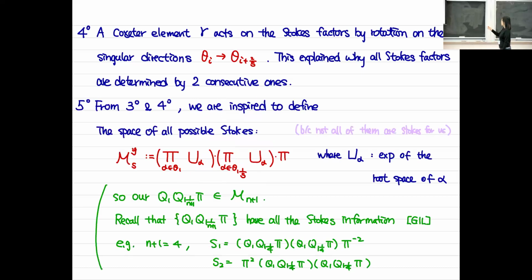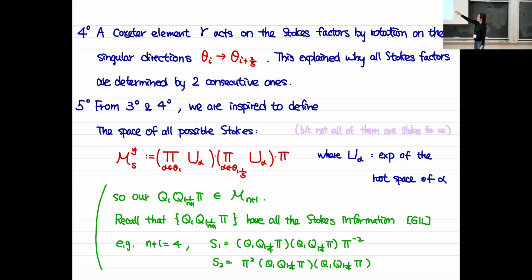So from 3 and 4, we are inspired to define the space of all possible Stokes data. Here you see why we were saying that it determines the shape of the Stokes factor. Given any root, if alpha is a root on the singular direction theta 1, then you can consider the root space, take the exponential of that root space, and do the product.